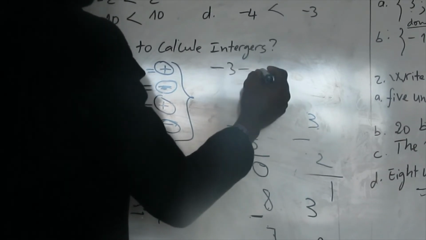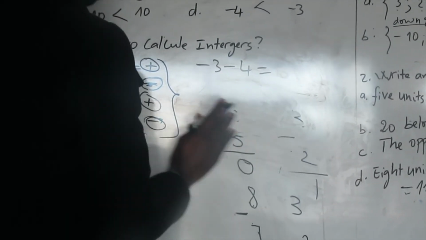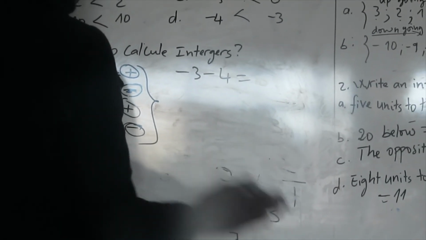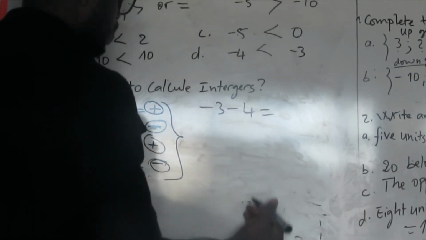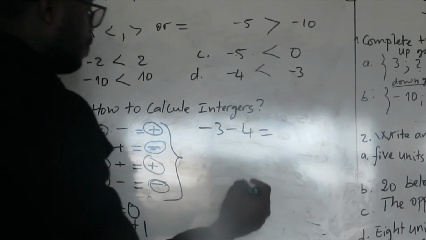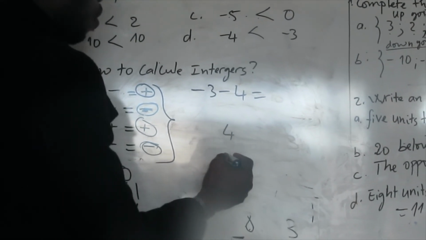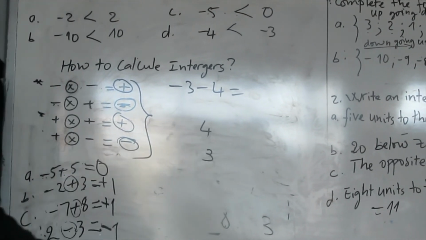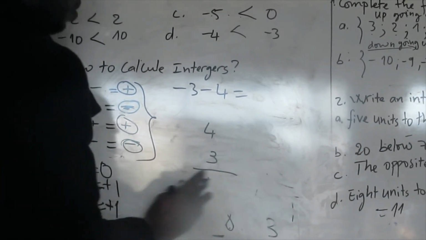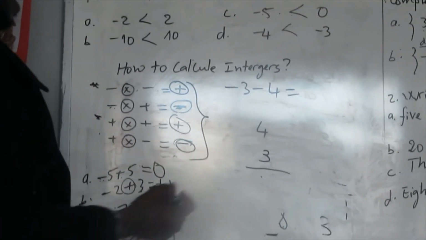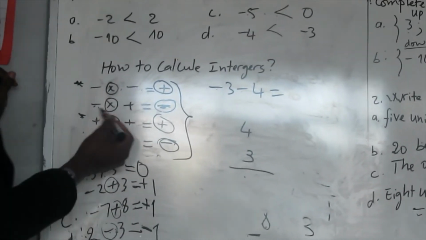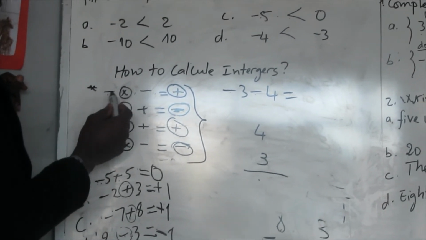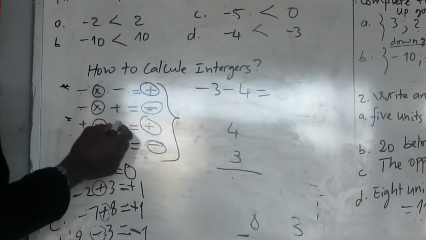Negative 3 minus 4. Negative 3 minus 4. With our rule, we first place 4 and 3, always starting with the bigger number, and you do the horizontal calculation. Then you look at the sign now. Look here, negative and negative. You go to your sign table. Negative times negative equals what? Positive.